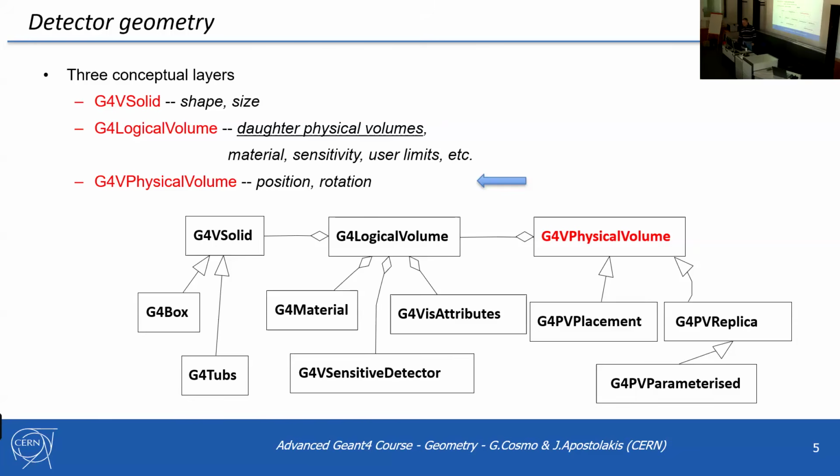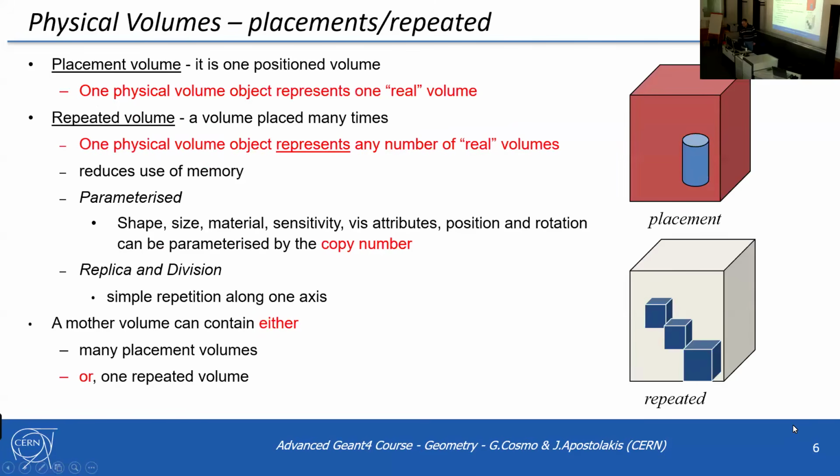So today we are going to see basically different kinds of physical volumes that exist as placed volumes and then as replica or parameterized volumes. So a placed volume is, conceptually, a volume that is placed in the space, and it corresponds to one only position volume.